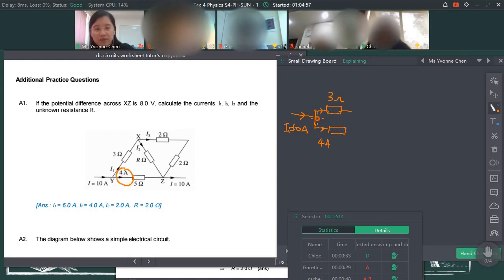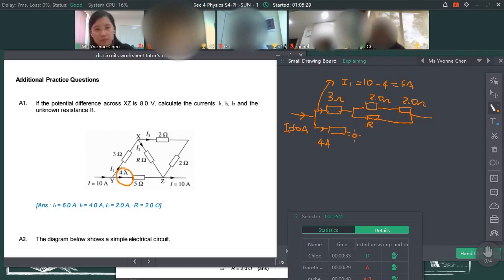After the current splits, in this branch, I1 equals 10 minus 4, which is 6 amperes. If you redraw the circuit, it looks like this. This is the circuit after you redraw. So, 10 minus 4.